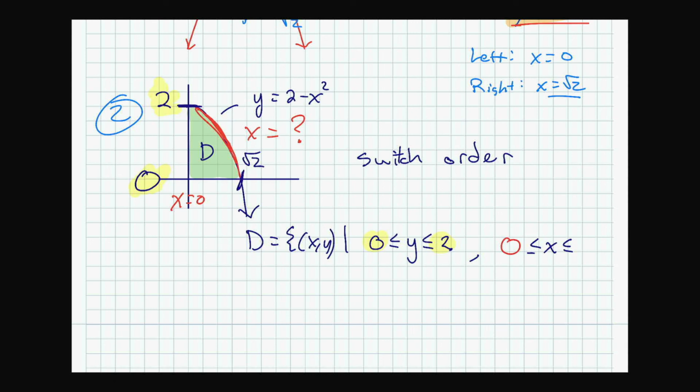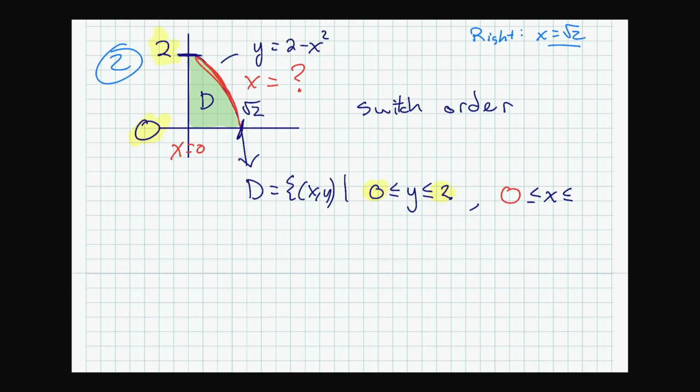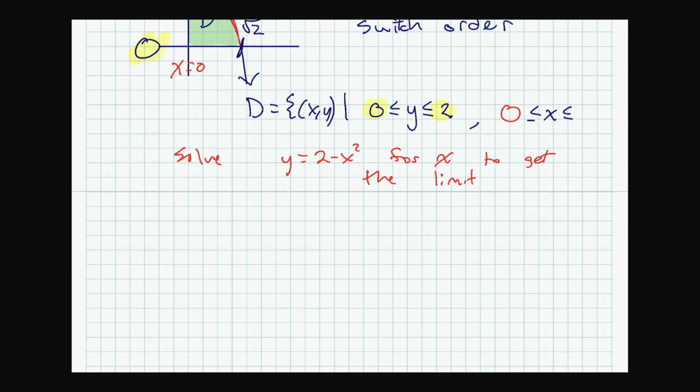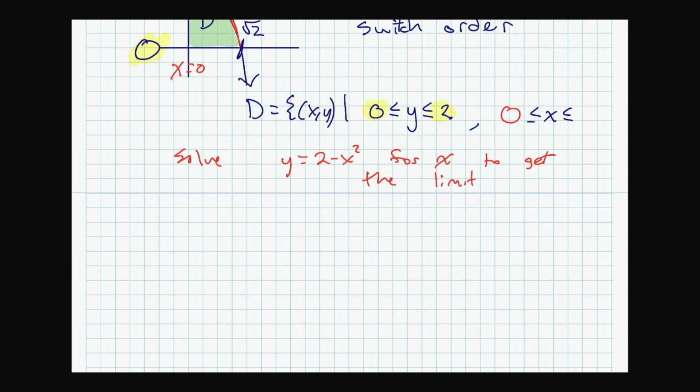In order to get the what, I'm going to have to take that curve and solve it for x. So I have to solve y equals 2 minus x squared for x to get the top limit. And again, we've done this a couple times, right? So move the x squared over, you get x squared plus y equals 2.